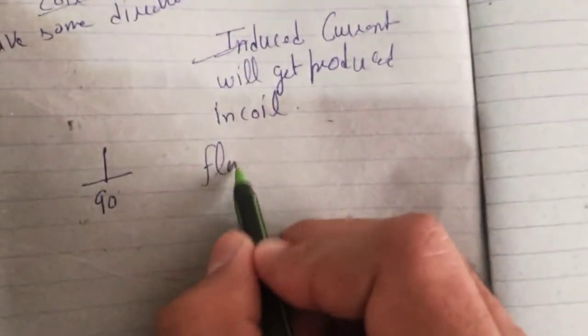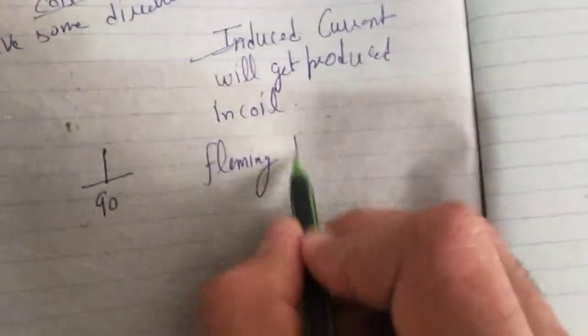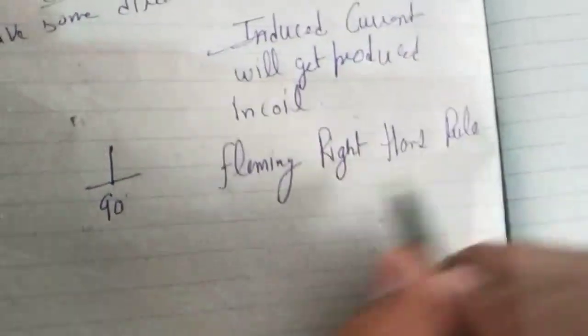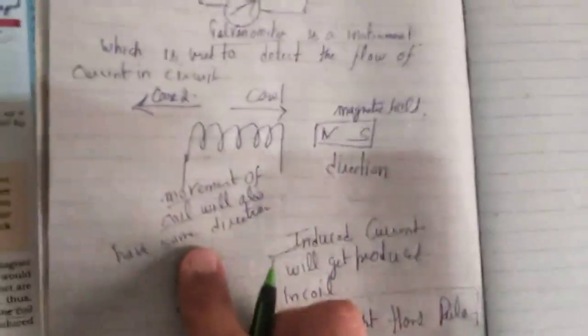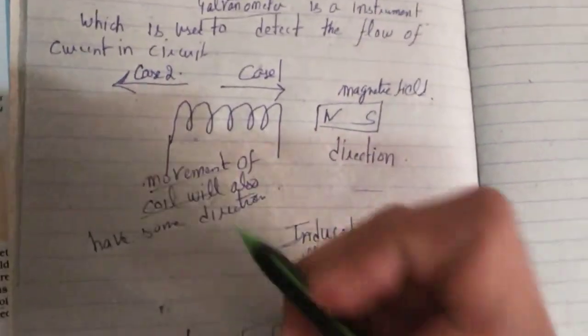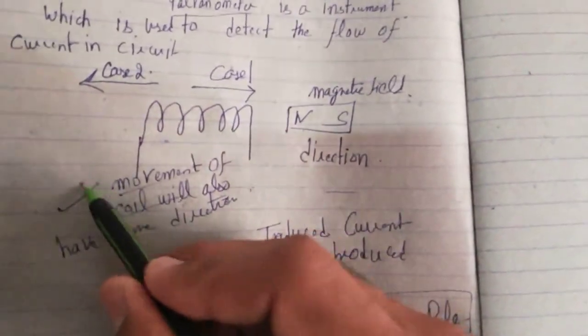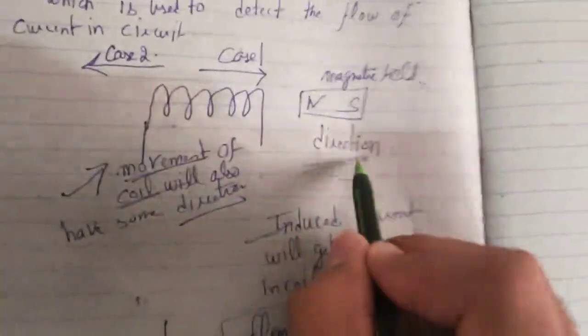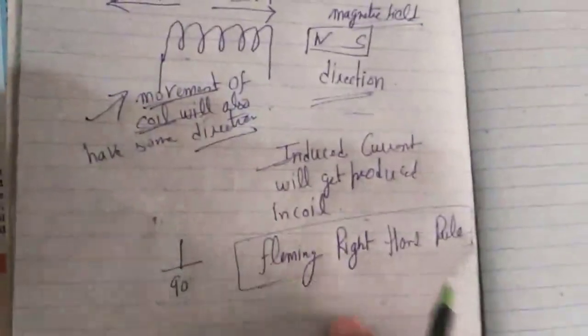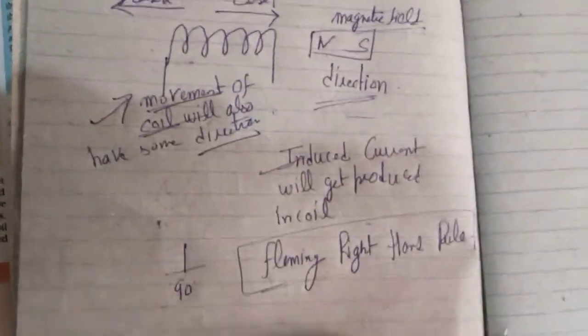So a rule is being used. The rule name is Fleming's right hand rule. This rule is used to find the direction of induced current. If you know the direction in which the coil is being moved, and you know the direction of magnetic field, you can find the direction of induced current by using this rule.